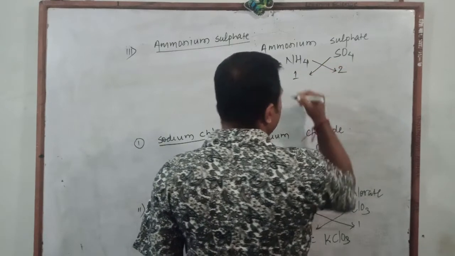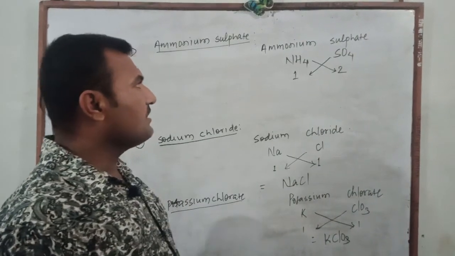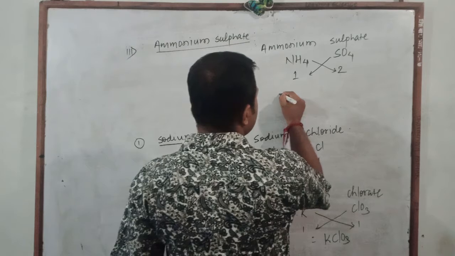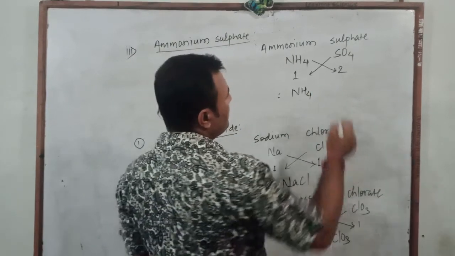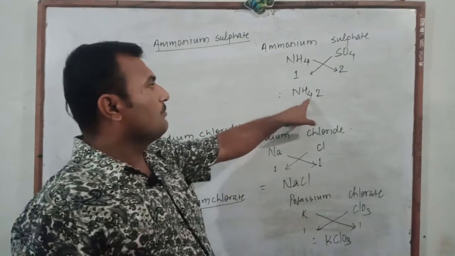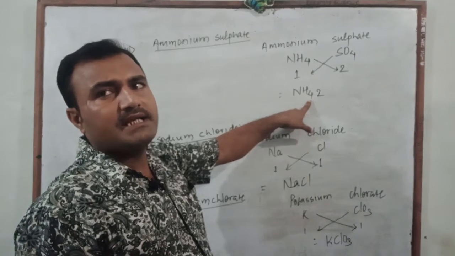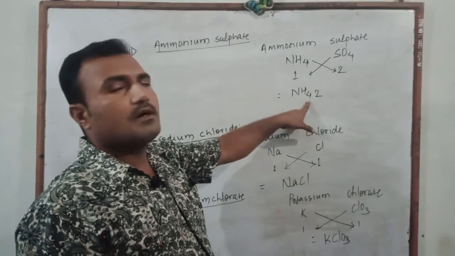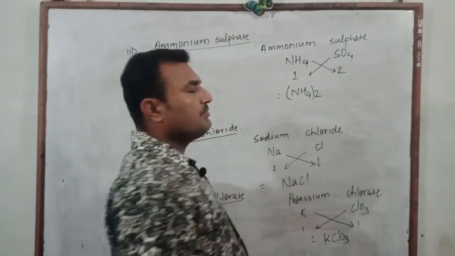When we apply the crisscross method, if a compound radical comes, then we should write NH4 with a bracket. If we directly write 2, it becomes only for hydrogen and the value gets changed. Therefore, by adding a number to a compound radical, we apply a bracket, (NH4)2.